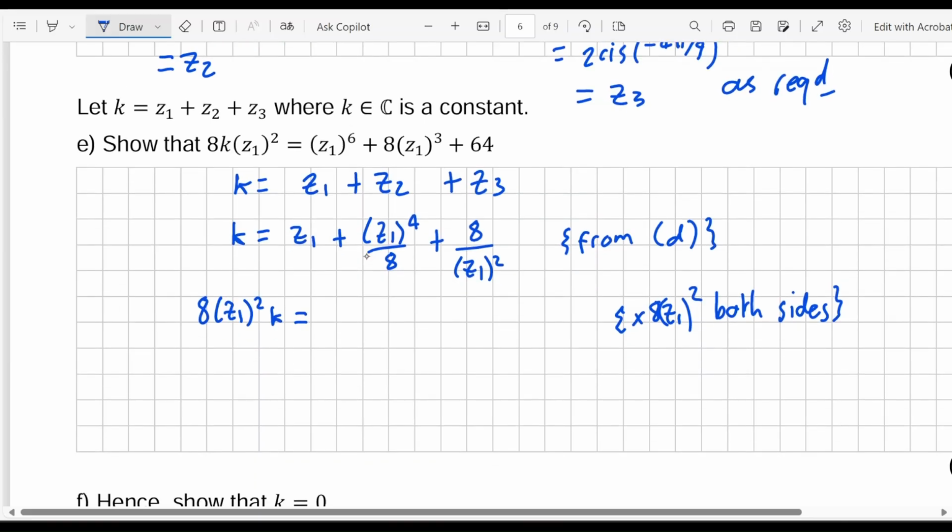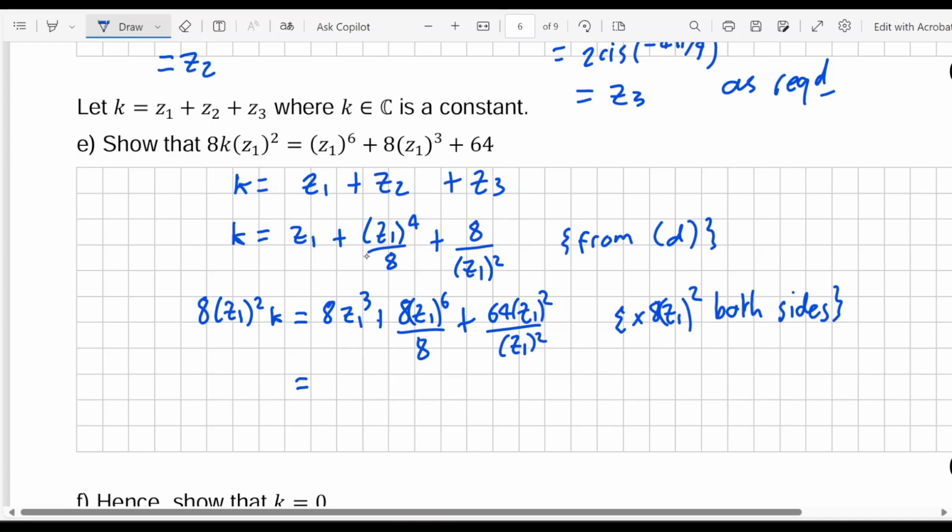We're going to get 8 Z1 cubed for that first term. This next term will become Z1 to the 6 because the 8's will cancel off. I might actually write it in 2 steps, so that's 8 Z1 to the power of 6 over 8. This last term will become 64 Z1 squared over Z1 squared.